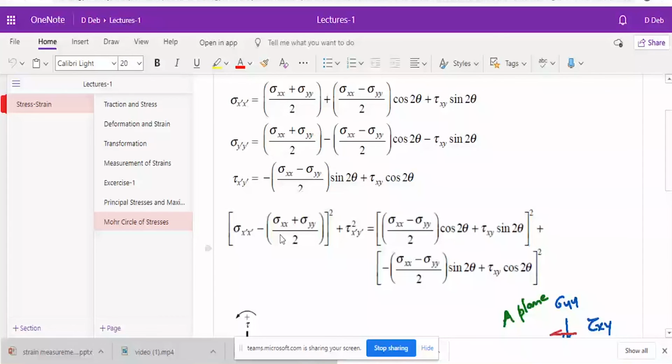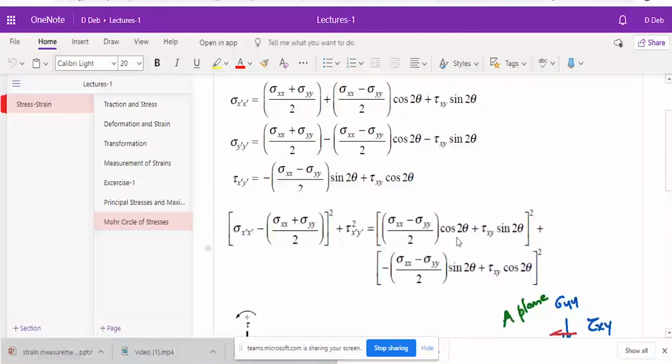So the center is (sigma xx plus sigma yy)/2, 0, the coordinate of the center, and this is basically r square. This is basically the radius, and that can also be reduced very much. So basically, this is the equation of a circle with an angle 2 theta.